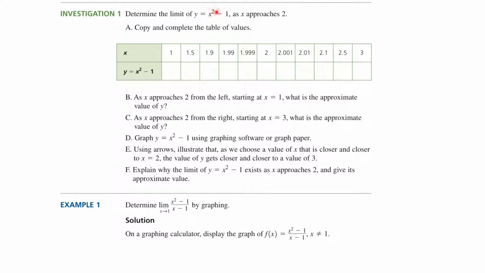Just plug in the numbers into the function and complete the table. By doing this, you'll see when x is 3, y is 8, and when x is 1, y is 0.